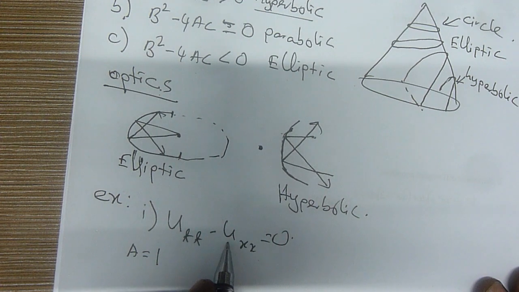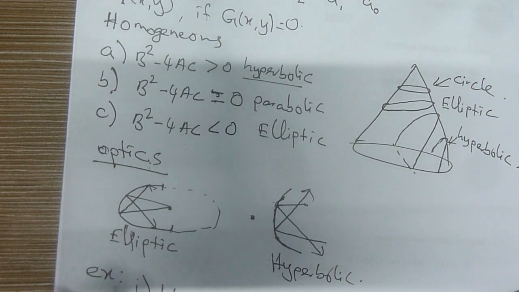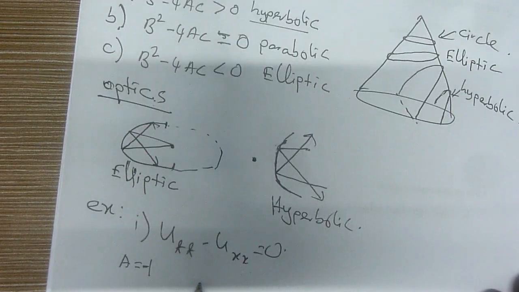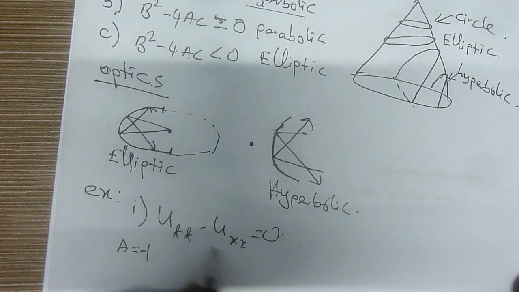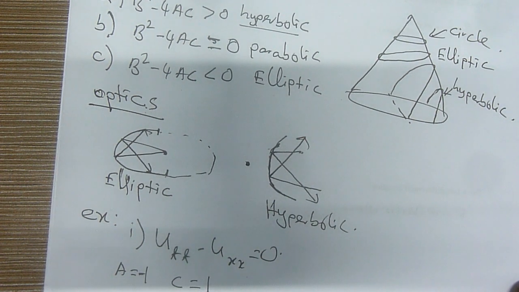Why? I can choose here A equals 1. Is it correct? A equals 1? No, maybe I'll say because X is a -1. No problem, no harm. Then I just choose -1 because A is represented by the XX. And what about the TT? TT is represented by C, which I call as 1.